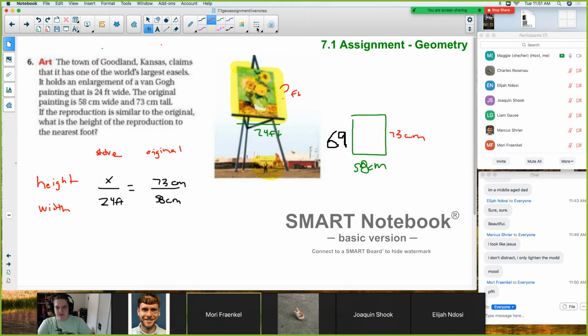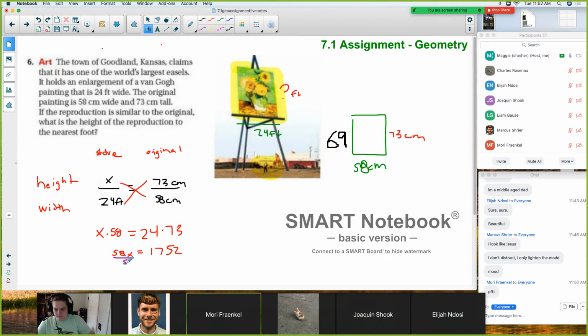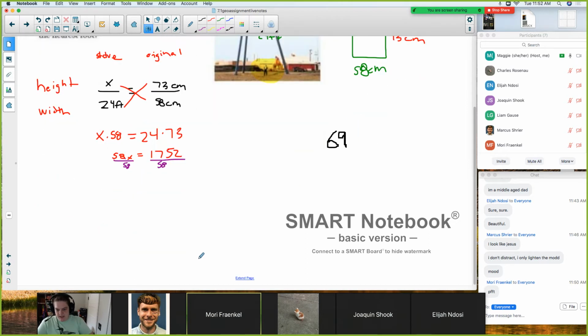So how do we solve this? We're going to note that cross multiplication means that x times 58, that diagonal, is equal to 24 times 73. And so 24 times 73 is 1,752. And so in order to be a similar shape, we're going to divide by 58 and get the height that the statue should potentially be.